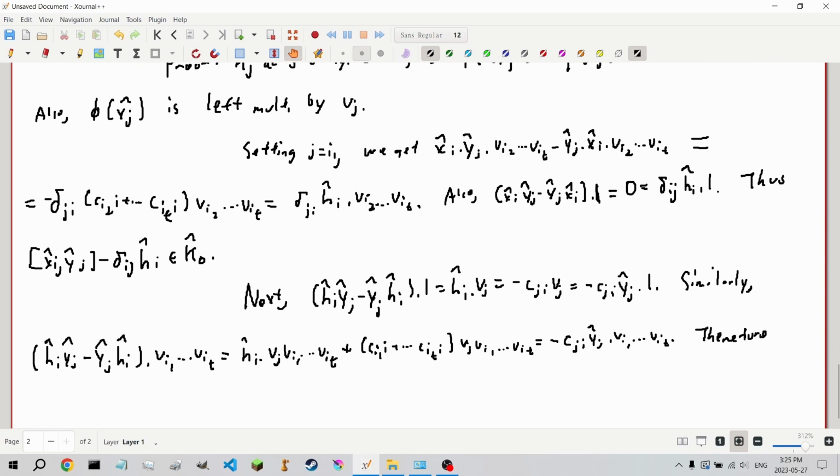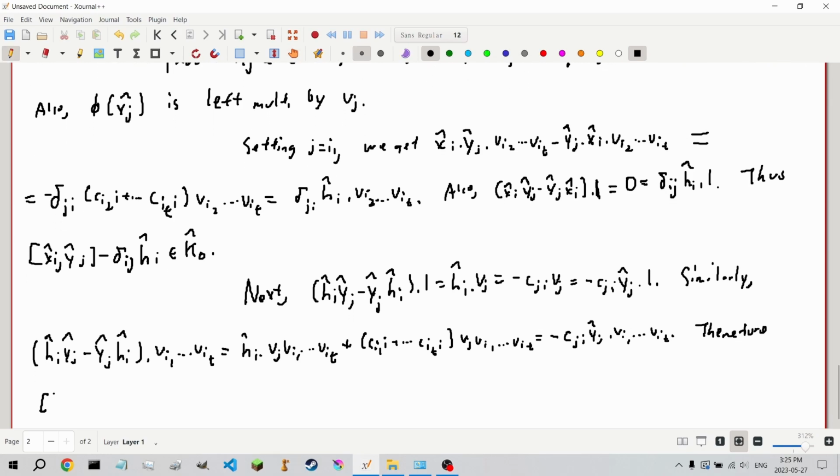Therefore, we get that the bracket of h hat i and y hat j plus c_ji y hat j is within k hat 0.